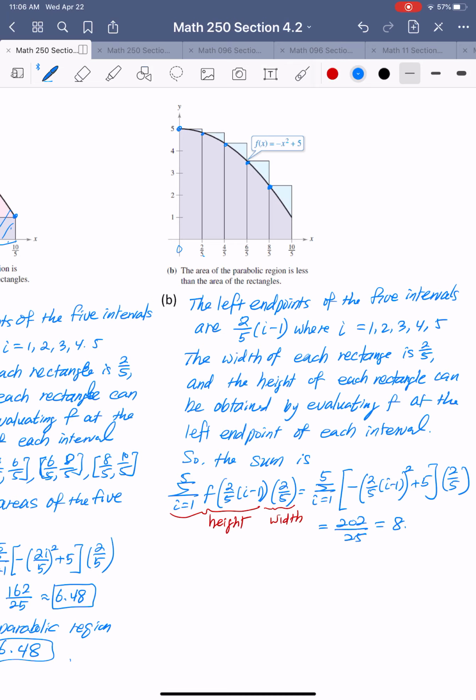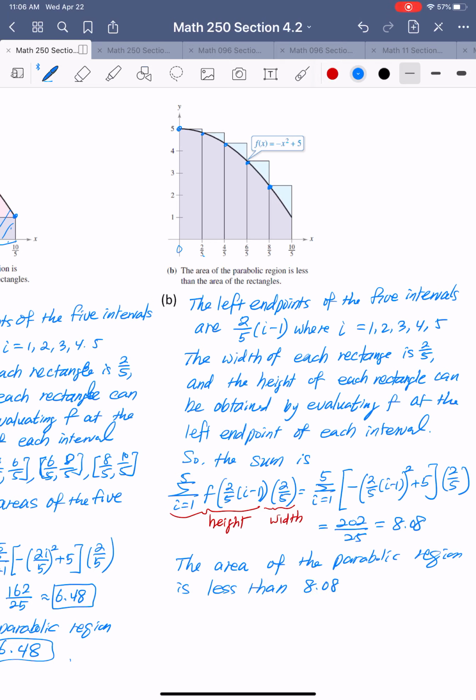So it's about 8.08. Because the parabolic region lies within the union of the 5 rectangles, we can conclude that the area of the parabolic region is less than 8.08.